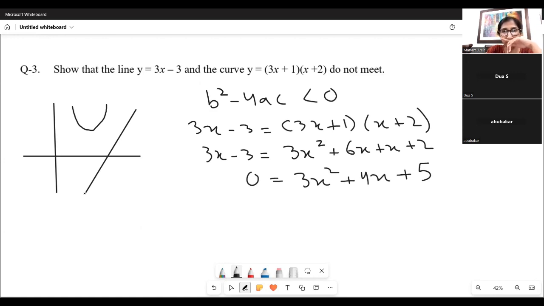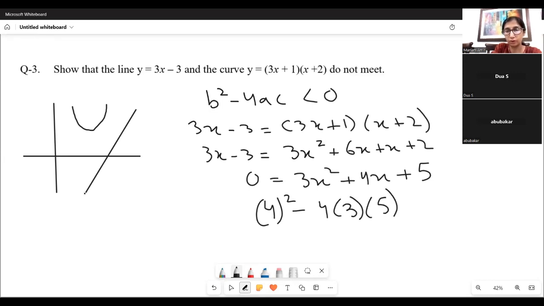And now we will show that its discriminant is less than 0. So b square is 4 square minus 4 times 3 times 5. What is this equal to? 16 minus 4 times 3 times 5. That is minus 44, which is less than 0.